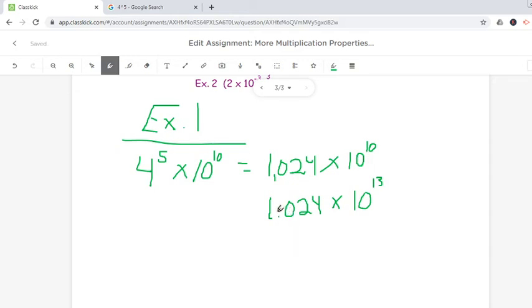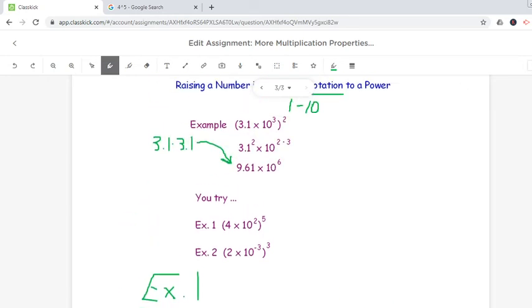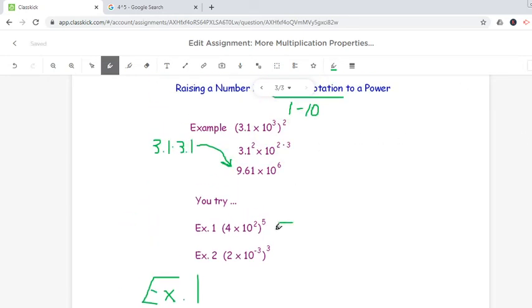So then we have 1, 2, 3, and then we can do 10 more zeros. So 3 plus 10, 13. So we can write that in. 1.024 times 10 to the 13th.